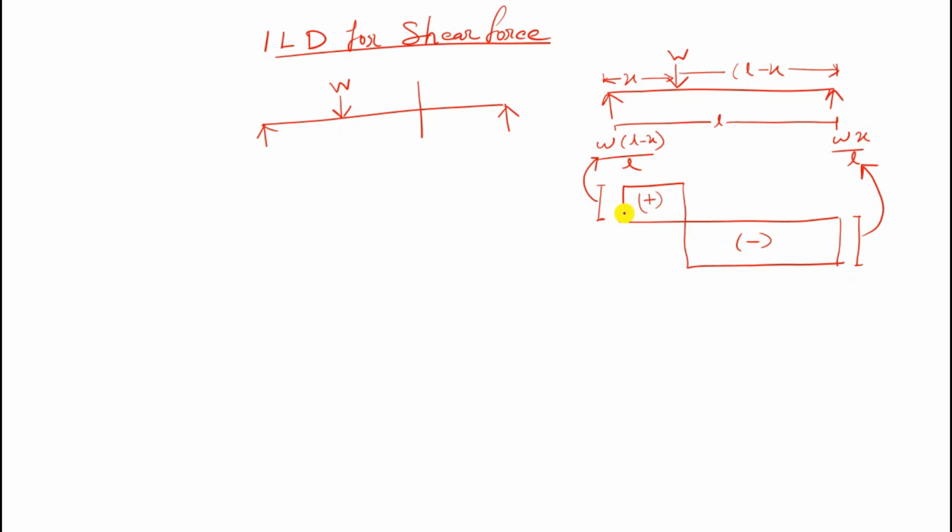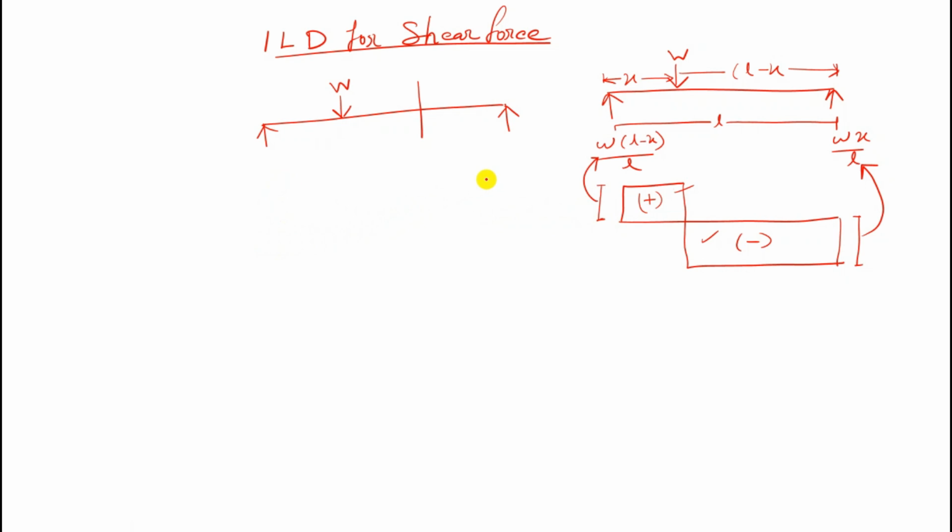So two things we can notice here. One is that the value of the shear force will be equal to the value of the reaction here, and this is the positive shear force and this is the negative shear force. Those two things we have to consider.